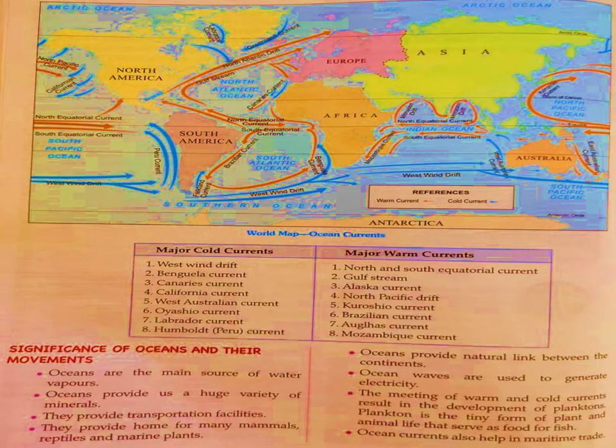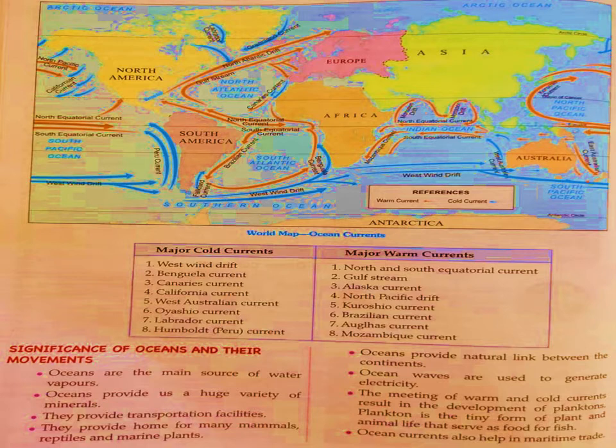In cold currents, we have West Wind Drift, Benguela Current, Canaries Current, California Current, West Australian Current, Oyashio Current, Labrador Current, Humboldt, which is the Peru Current. So these are some of the cold currents of the world.